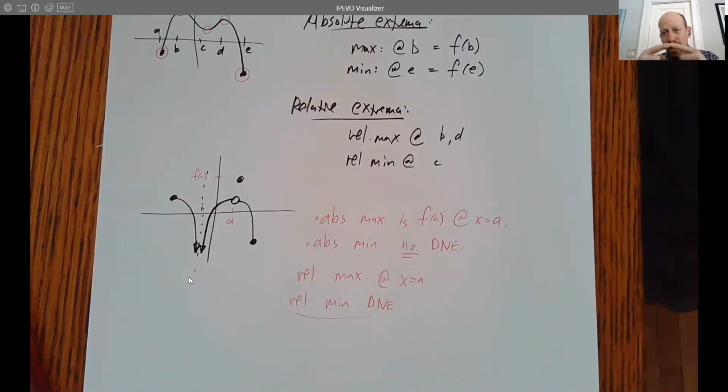Sometimes they line up and you have an absolute and a relative min, let's say, but you can also have them be different things, or one not exist and one does exist. So they're really independent things, even though they're both max and mins. Saying a function has an absolute max doesn't tell me anything about the relative maximums, and vice versa.